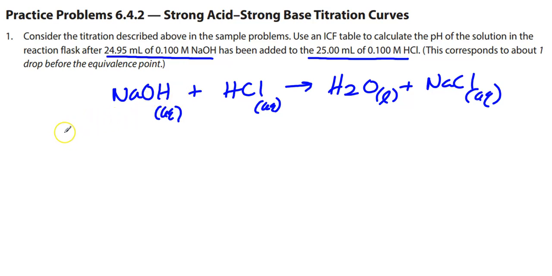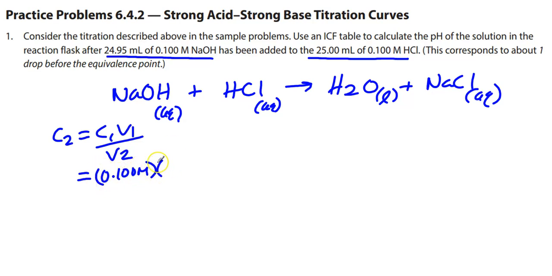So we have to use C2 equals C1 times V1 over V2 for both the acid and the base. We want to know what is the concentration after the mixing has happened, so that we can figure out after we subtract what are the moles that are left over.